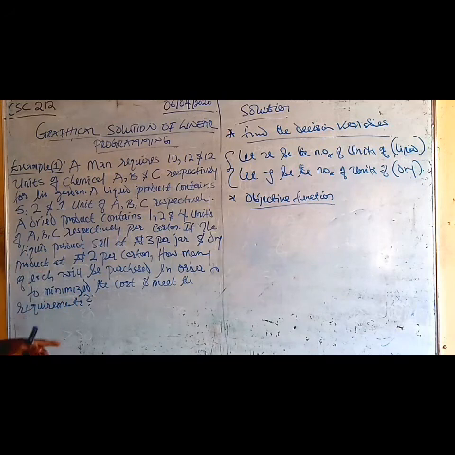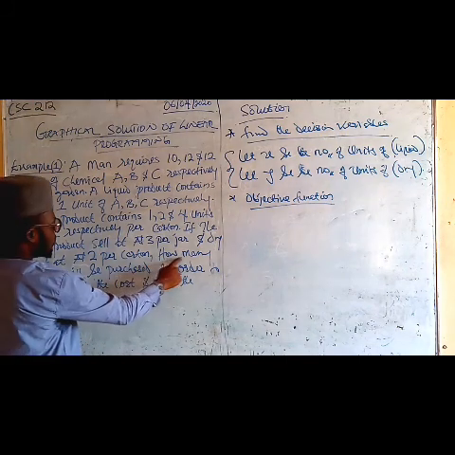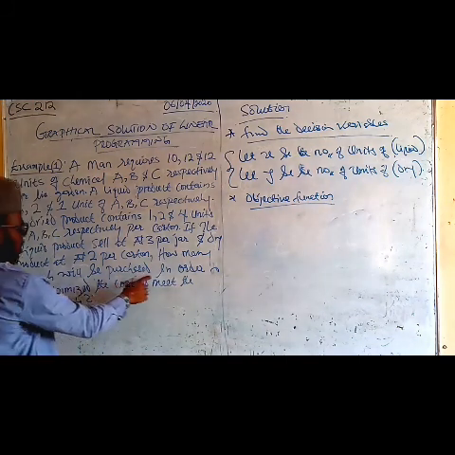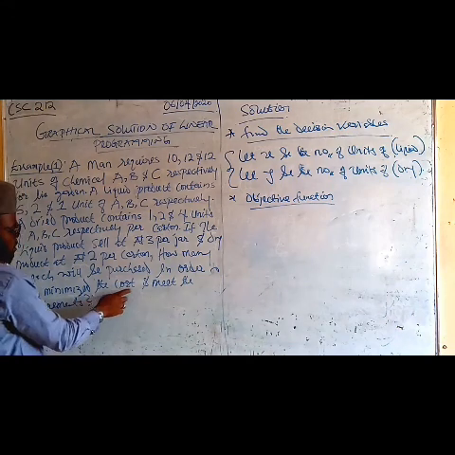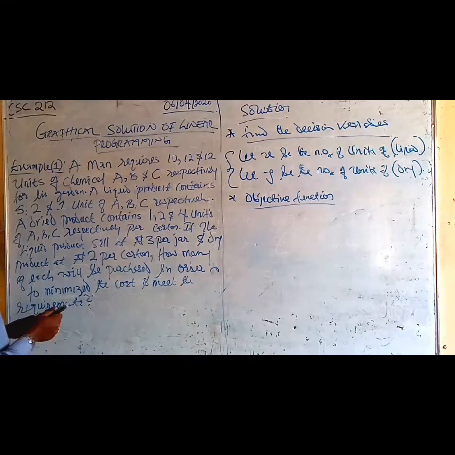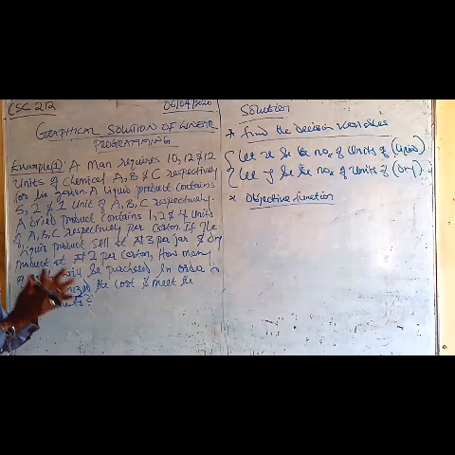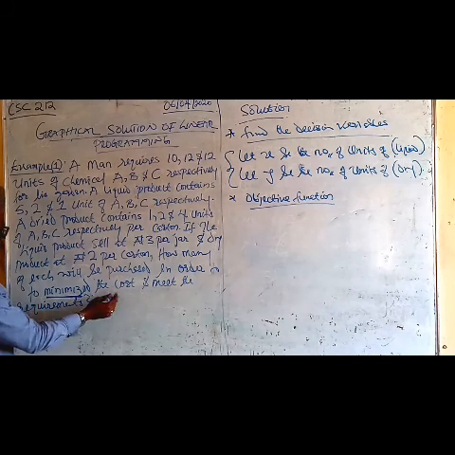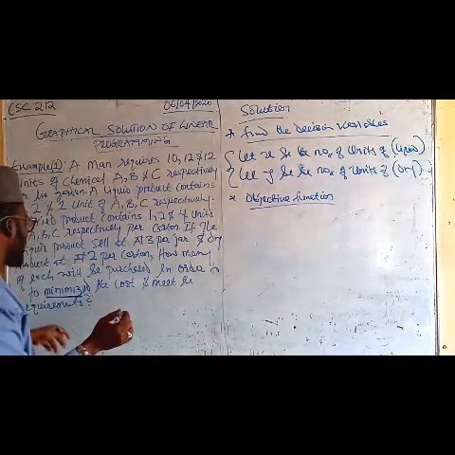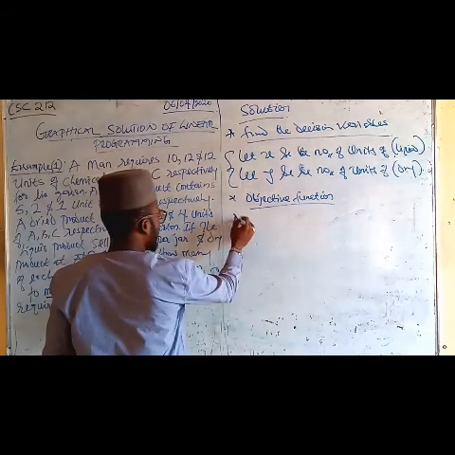In this problem, we are asked how many of each will be purchased in order to minimize the cost and meet the requirement. That is, how many of the liquid and the dry product are going to be purchased in order to minimize the cost. So the objective function of this problem, we are going to minimize.